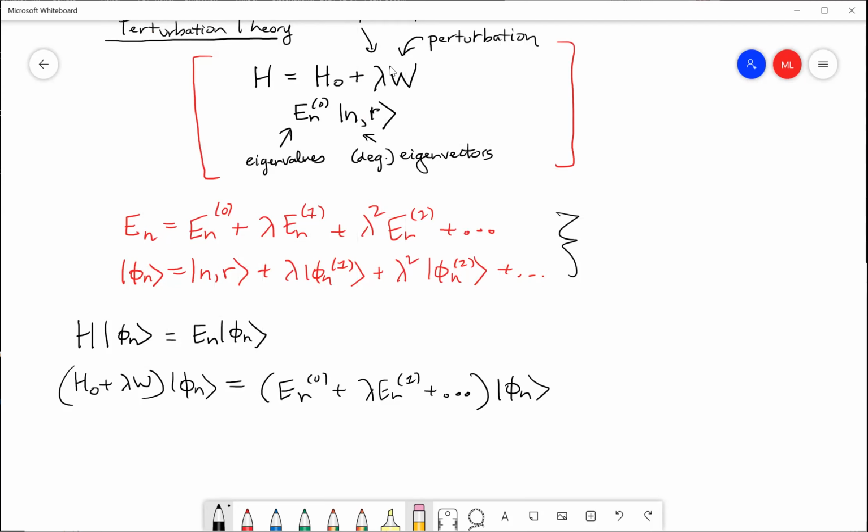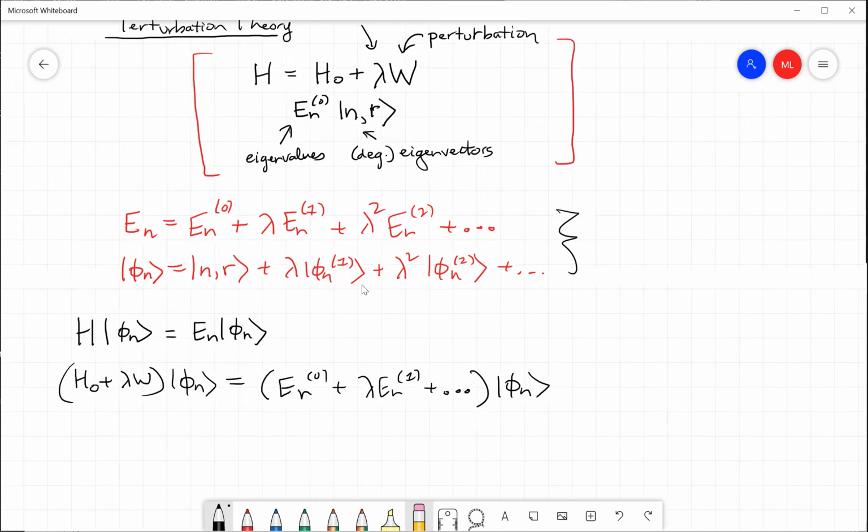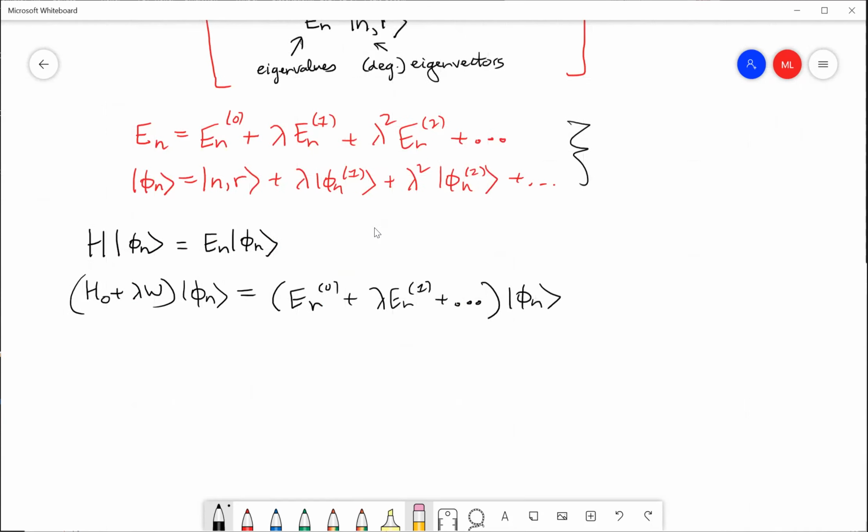And then you would replace your states with your Taylor series. So this gets replaced with, and I'm going to drop the R, I guess, for now. We'll deal with degeneracies later.